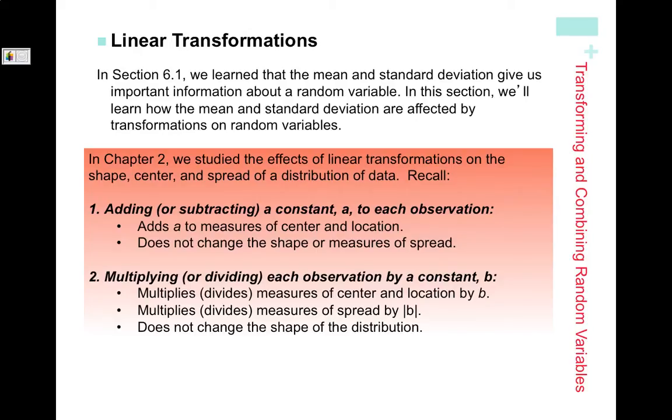Multiplying each observation by a constant b multiplies every measure of center by b, and it multiplies the measure of spread by the absolute value of b, because we want the measure of spread, the standard deviation, to be positive. And the overall shape doesn't change. The scale of our measurements just does.